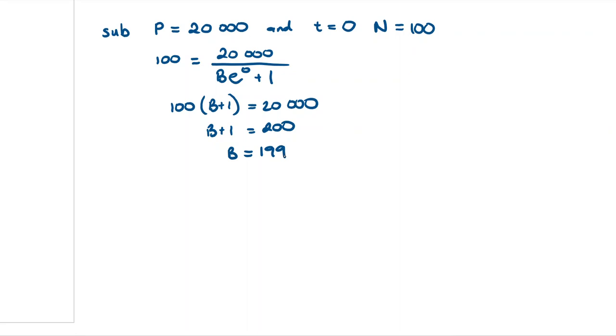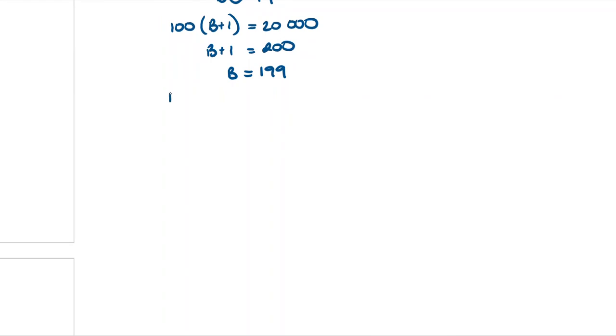Okay. So far we know that our equation for n equals the population, which is 20,000, over 199 e to the negative kpt. I'm not going to put the 20,000 in there because that's too many things. I'll leave that p in there, plus 1.